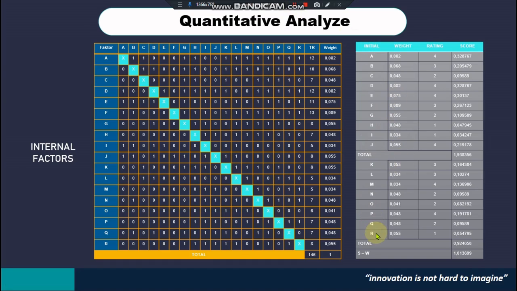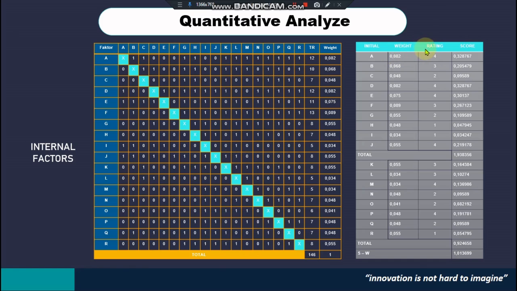If the factor is positive, meaning strength or opportunity, the rating is from 4 to 1, which is very strong to very weak, and the opposite for the negative factors like weakness and threat. If the weakness is very strong, then we give the value as 1.